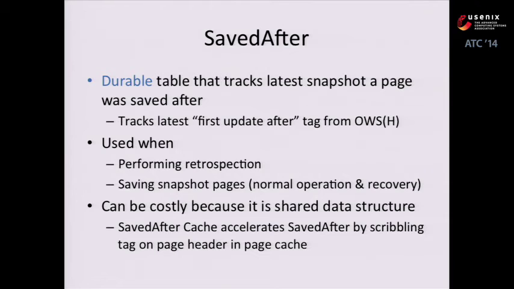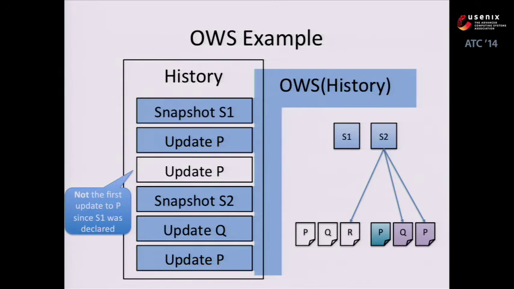It's a durable table that tracks the latest snapshot after which a page was saved. During retrospection, you need to read it to find out whether you get a pre-state, which would be one of the pages that's either purple or blue here, or a current state page, which is one of the white pages.